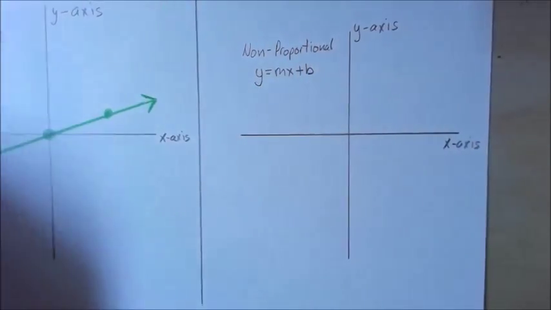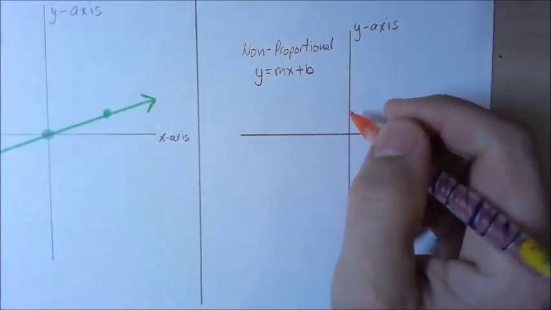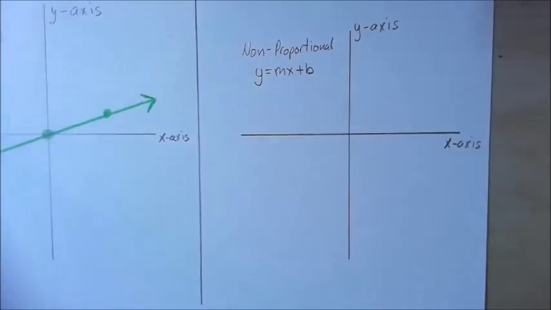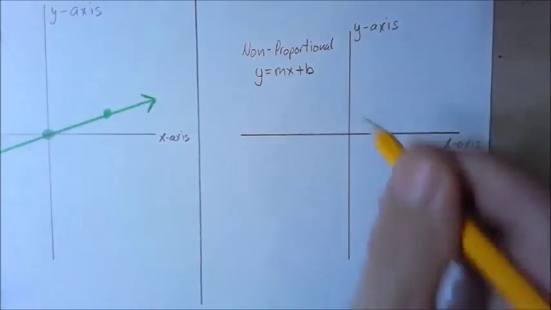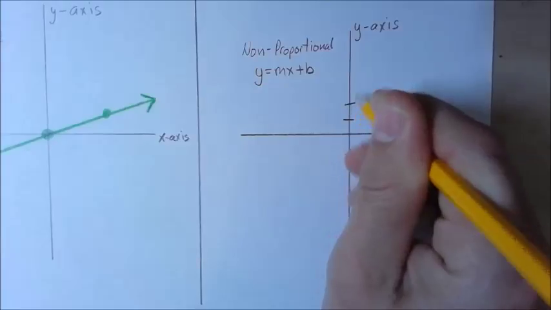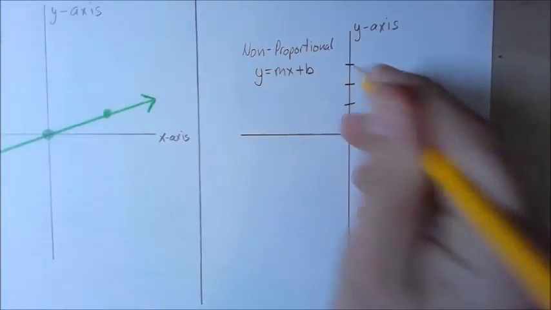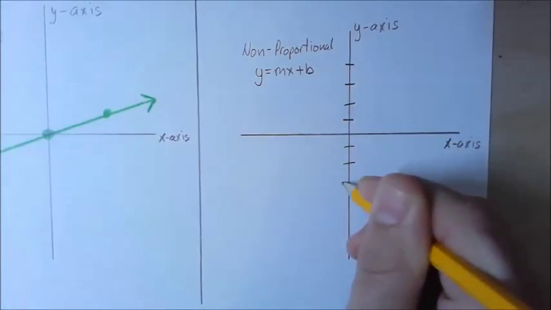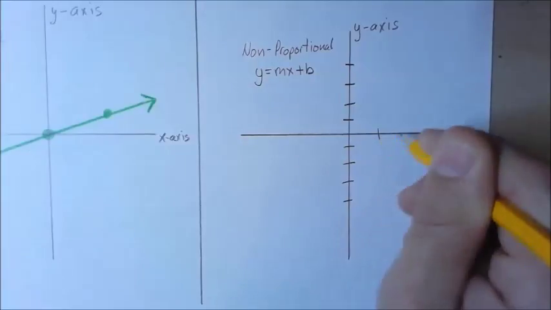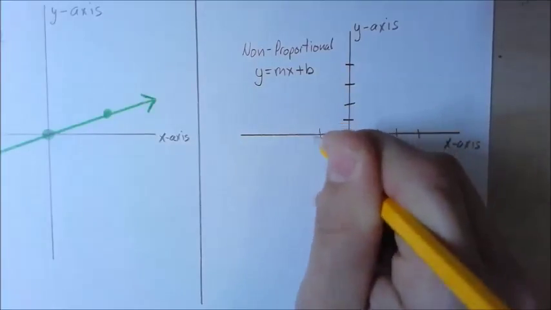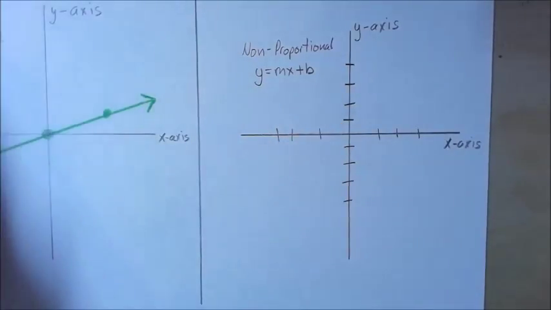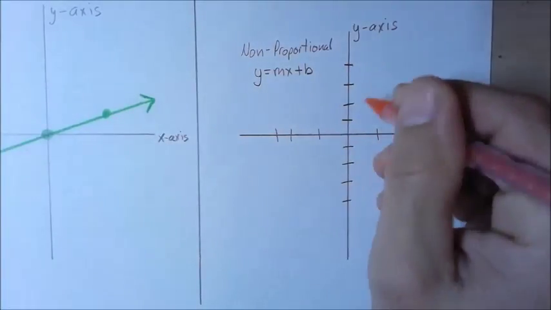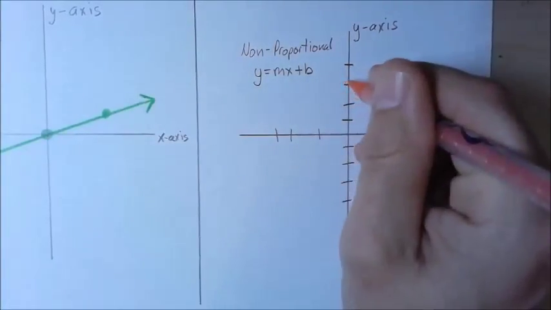And remember that plus b is going to be our y-intercept. So I want you to pick where that is going to cross. On this one, you don't have to number them, but I do want you to draw some marks. That way we can clearly see where you picked your y-intercept.